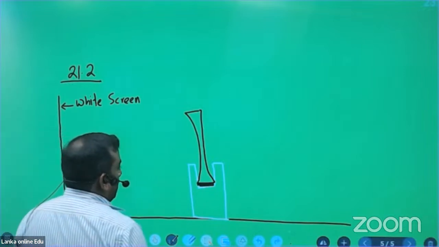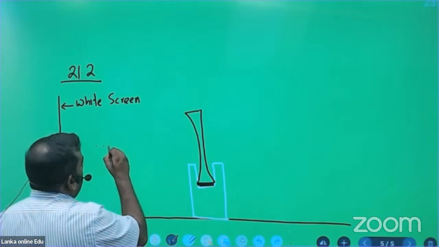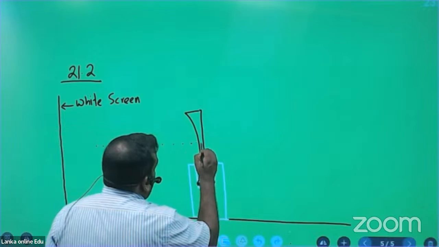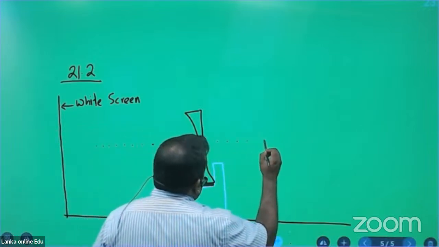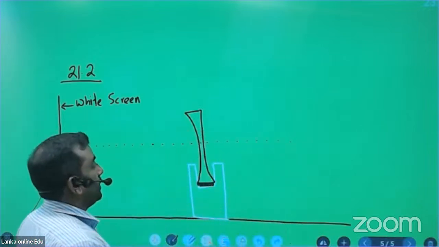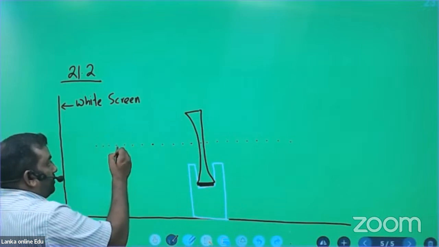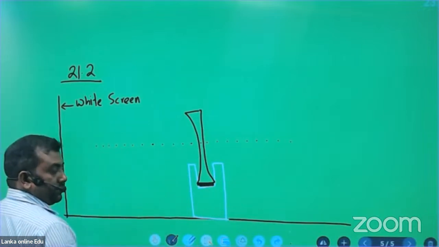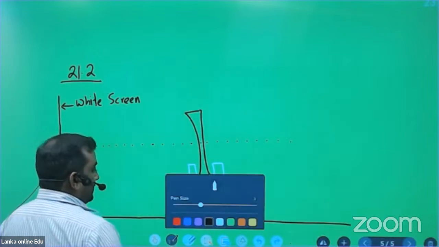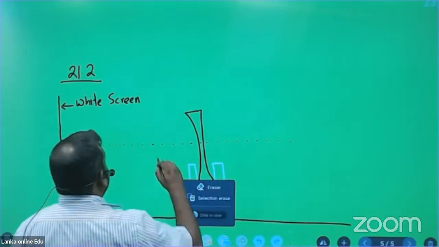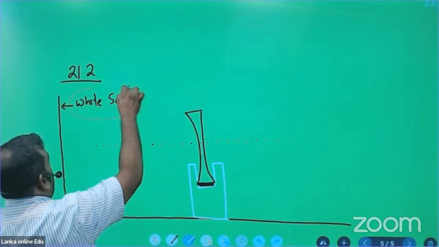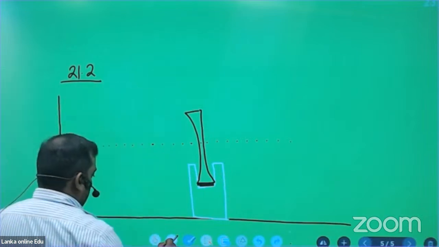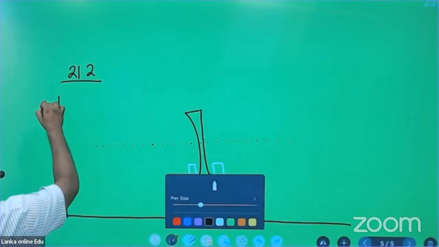Right. Now we have a problem. What is the problem? If you keep the object pin here, the image is going to be diminished. So to make it easier, write this separately, widescreen. So here, widescreen.